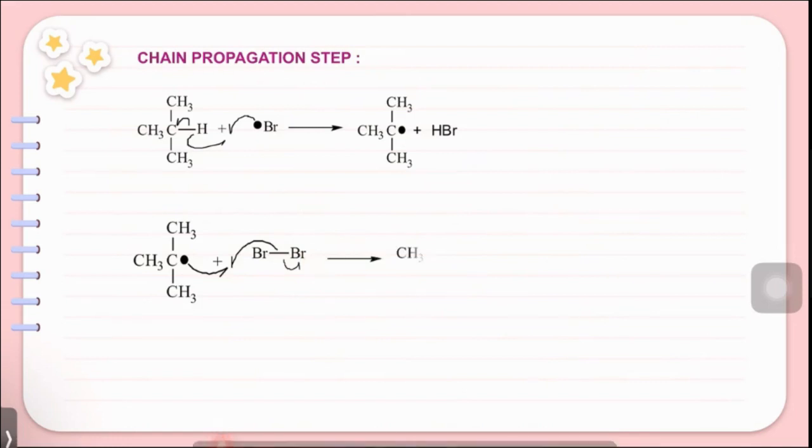So it will produce 2-bromo-2-methyl propane and free radical Br. So this process will continue sehinggalah semua reaktan bertindak balas. Okay, tapi kita tunjukkan 2 step tu sahaja.